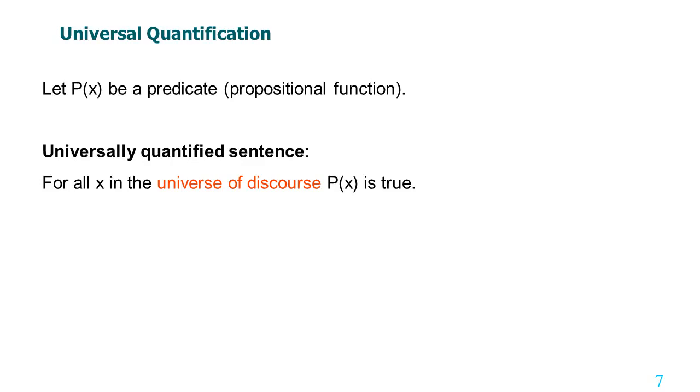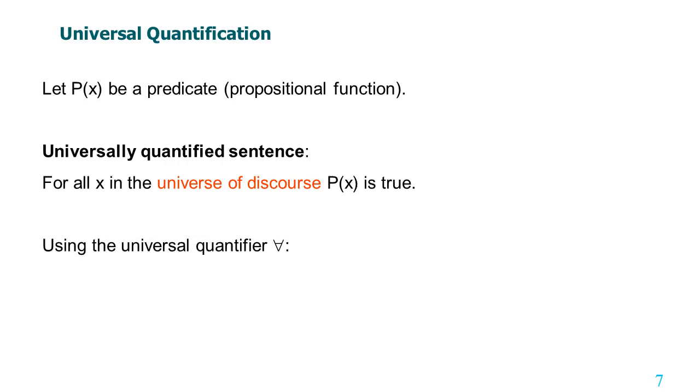It is true for every integer. Hence, we can write that for all x, x squared is greater than x. This is the universe of discourse: the variable x has values from minus infinity to plus infinity, which consist of all the integers.